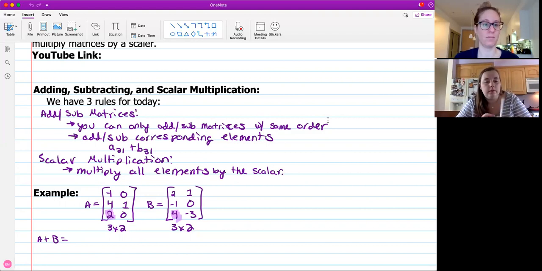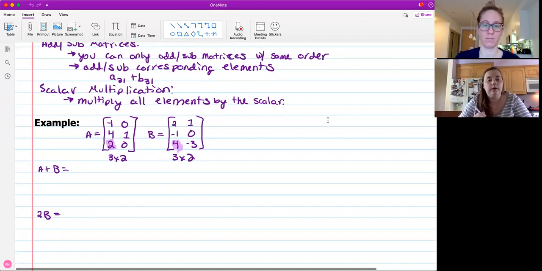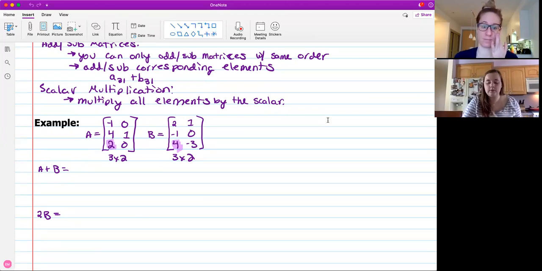Okay, so then we have two examples that we're going to go over super quickly, and then that will be it for today. The first thing we're going to do is add matrix A plus matrix B. Remember, they have to have the same order, which they do. We verified that already. And then our second rule is that we have to make sure that we are adding corresponding elements. So just to reiterate, we have element A1,1, which is this one, and we're going to add element B1,1 right there.